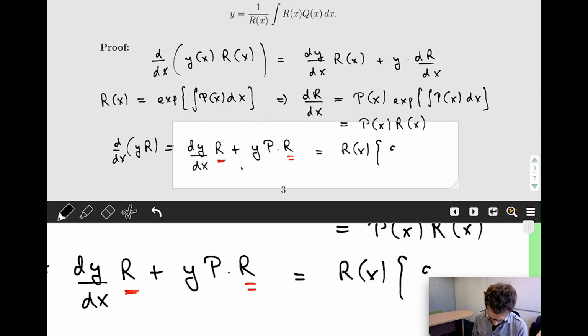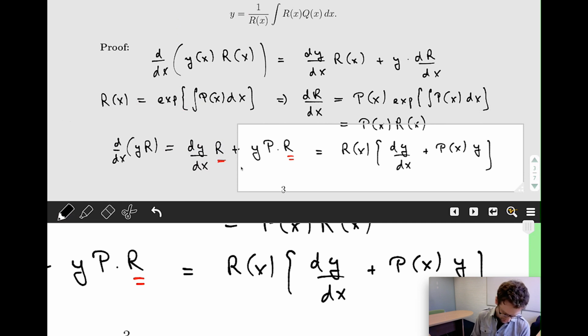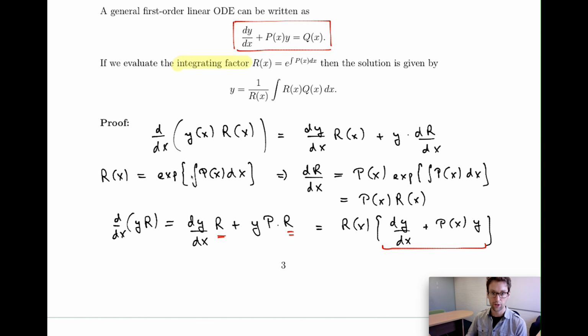Which leaves me with dy/dx plus p of x times y. But that term in brackets there looks very familiar. In fact, it's exactly the left-hand side of my original differential equation, which means that that whole term there in brackets is simply equal to q of x.